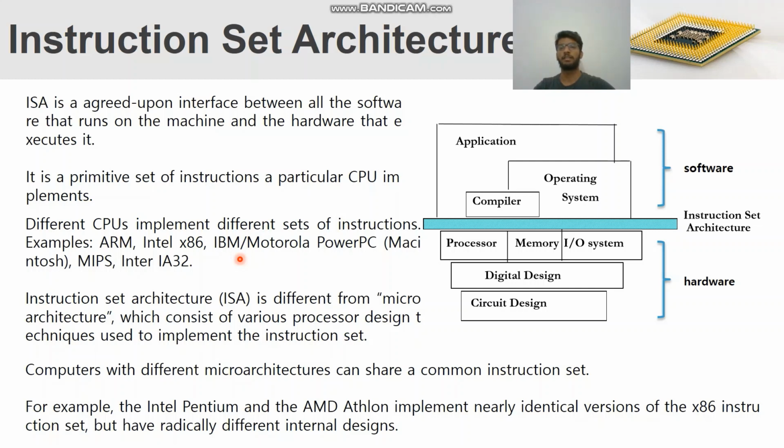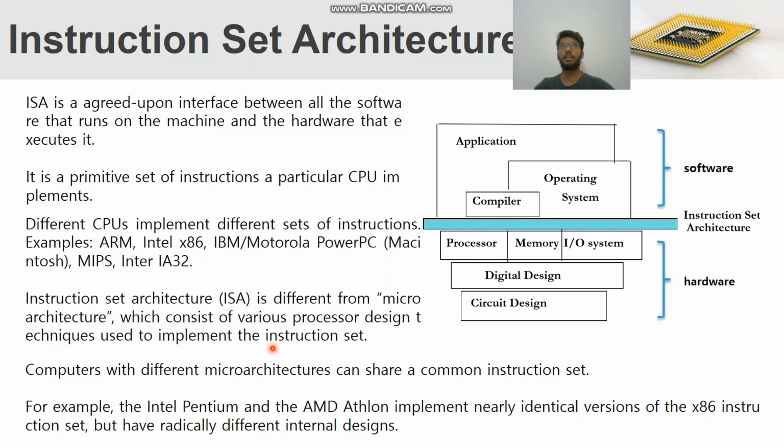The instruction set architecture is different from microarchitecture, which consists of various processor design techniques used to implement the instruction set. For example, the basic instruction set can consist of instructions such as addition, subtraction, branch operation, etc. These instructions can be the same for two different CPUs, but the underlying principle in executing those instructions can be different.